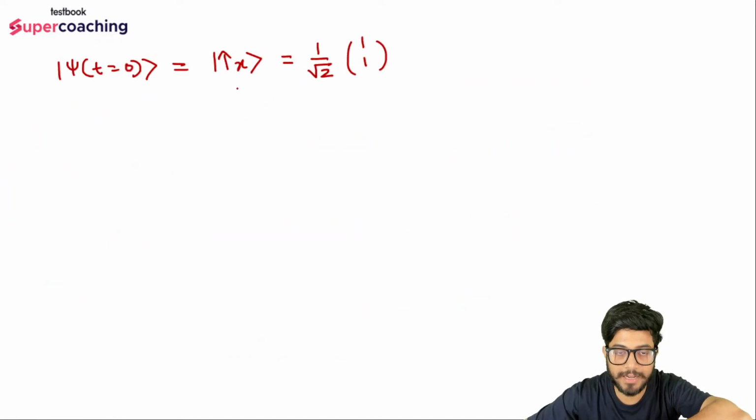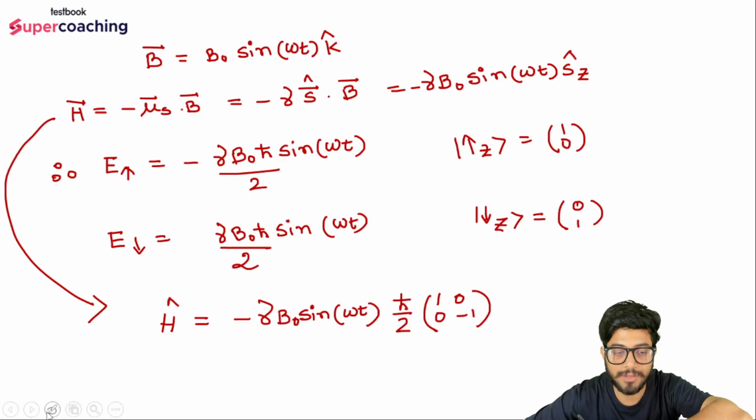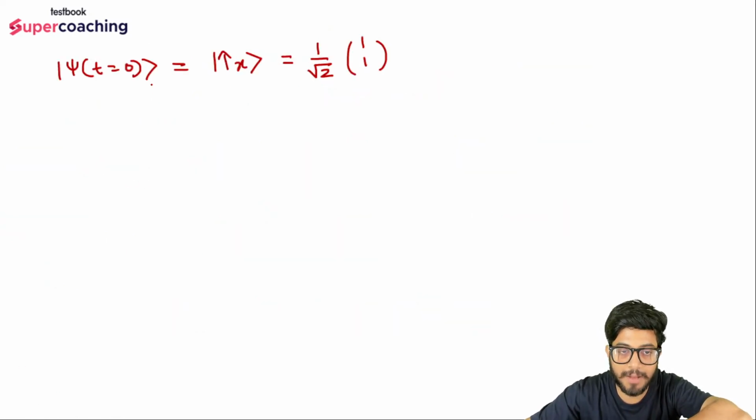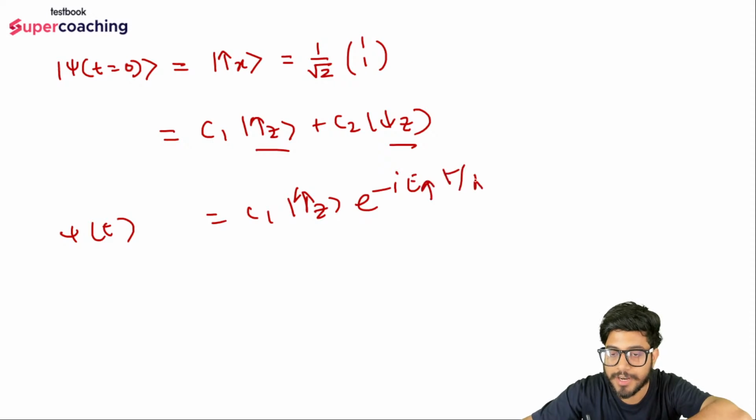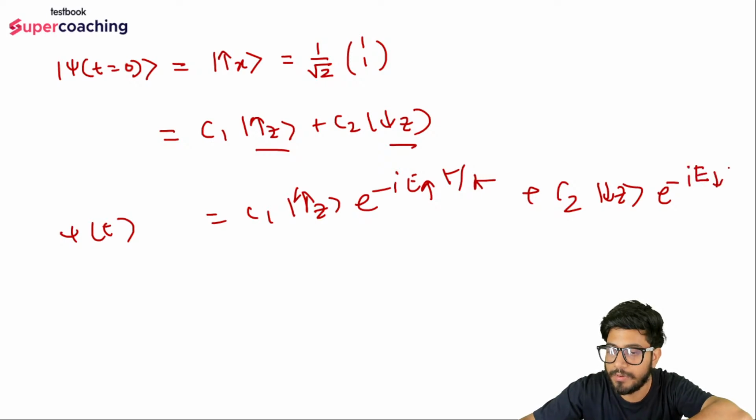You cannot just write the state as c1 up z plus c2 down z, because these two are energy eigenvectors, and then say that at time t it is c1 up z e to the power of minus i E up t by h cut plus c2 down z e to the power of minus i E down t by h cut.